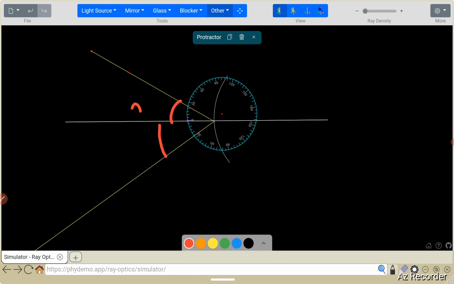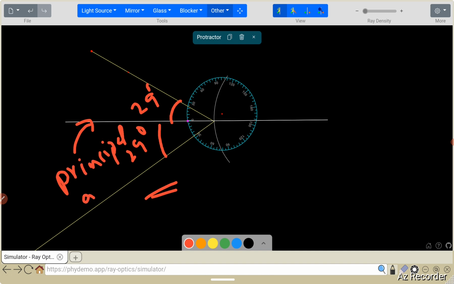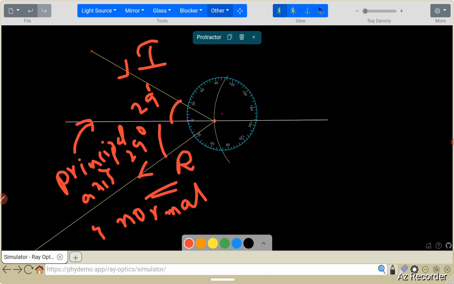It is showing 29 degrees here and here also it is showing 29 degrees. Understood? So now this is acting like the principal axis and normal. Okay? And normal. Understood? So whenever the incident ray strikes at the pole of the mirror, then it reflects back with the same angle on the opposite side of the principal axis.